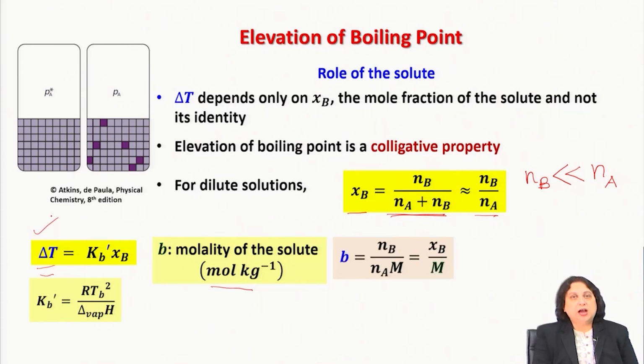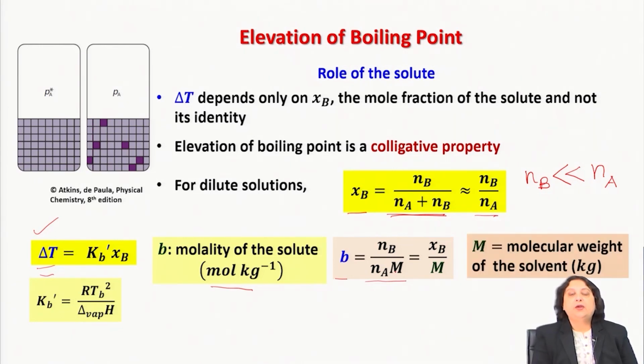Now, what I understand is, in this case, b is defined as Nb divided by Na into capital M, where capital M is the molecular weight of the solvent in kg. Therefore, what is Na into capital M? That is the weight of the solvent in kg if Na moles of the solvent is present in the solution.